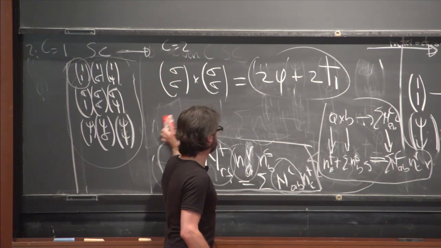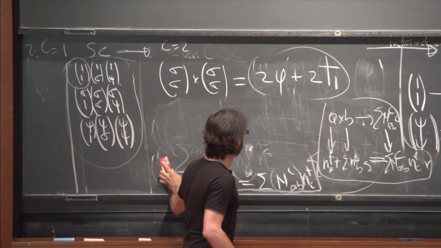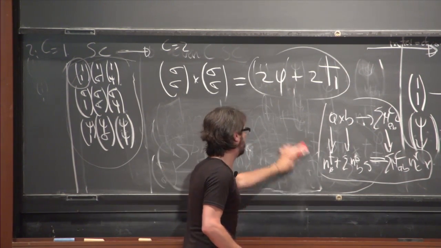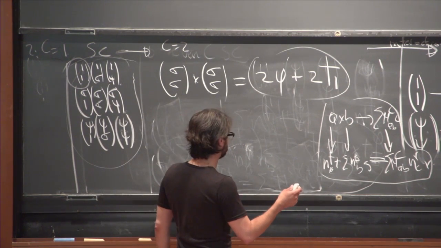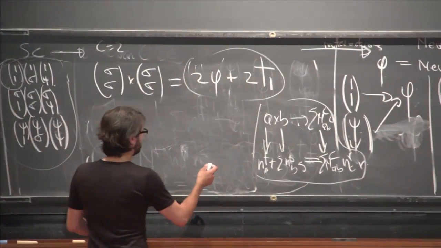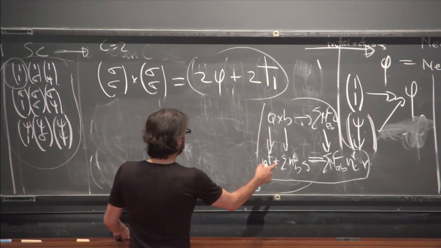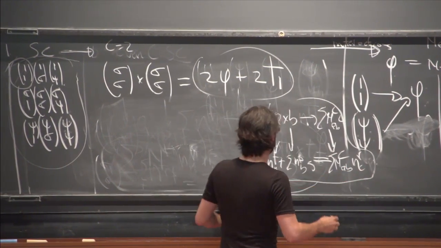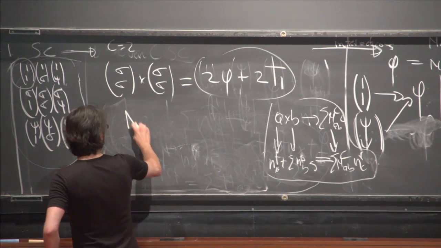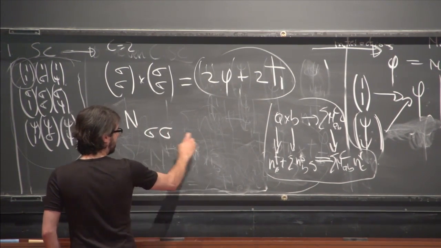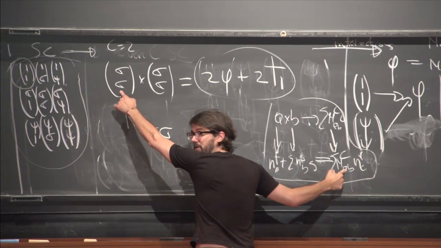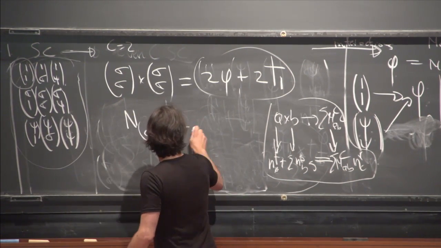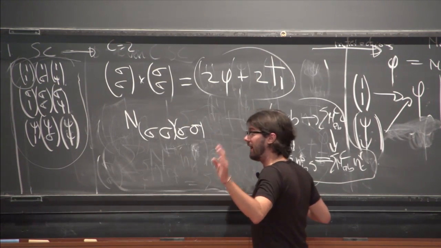So what this 2 means is that n sigma sigma, where A and B are sigma sigma particles. I won't get to even half of what I have to do.